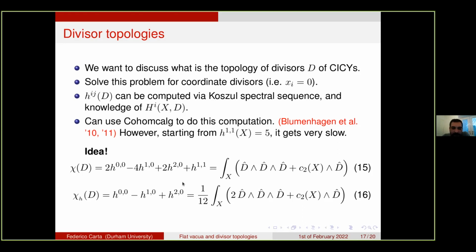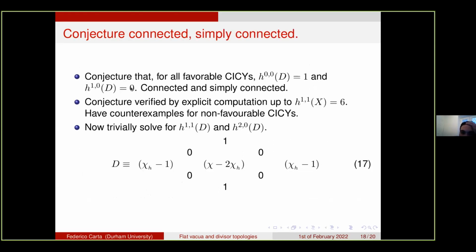Well, it would be very nice if there were two equations for two unknowns, because then I could solve them. And in some sense they are, because we conjecture that for all favorable CCs, divisors of this type are connected and also simply connected. So h00 is 1 and h10 is 0. We checked this with the CohomCalg program up to h11 equal to 6.